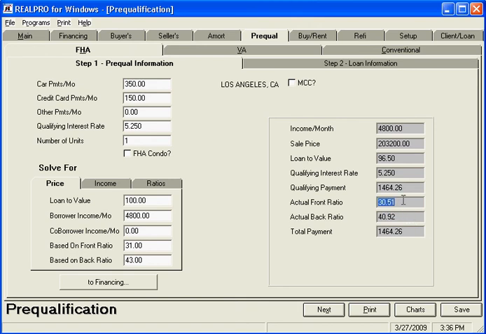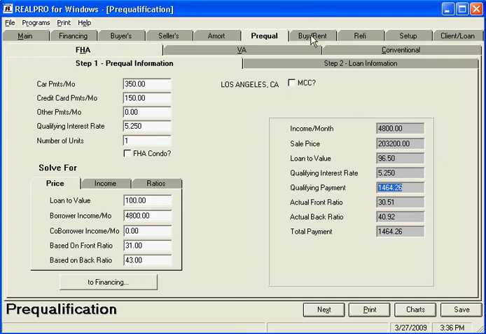So it maxed out on the front. Their qualifying payment is $1,464. So now we know what they qualify for. I have already printed the pre-qual program, so I'll attach that as a PDF file for you to see what these numbers look like on the pre-qual.